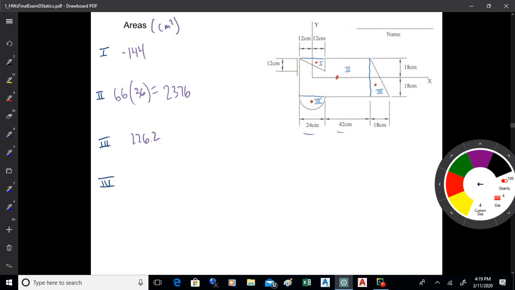We could figure out that area as well. So you start with those areas. Those would be centimeters squared.